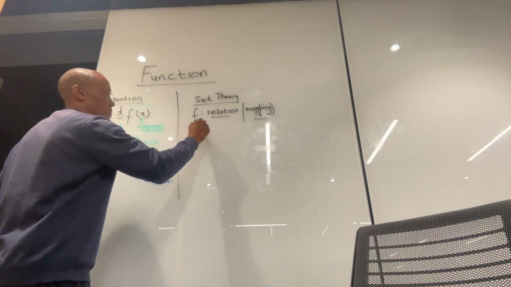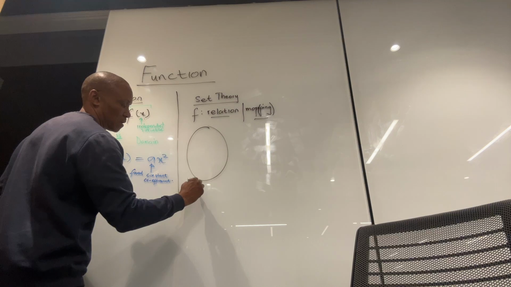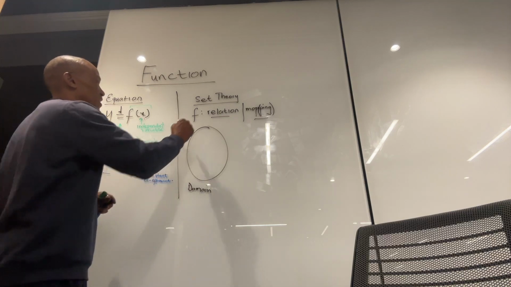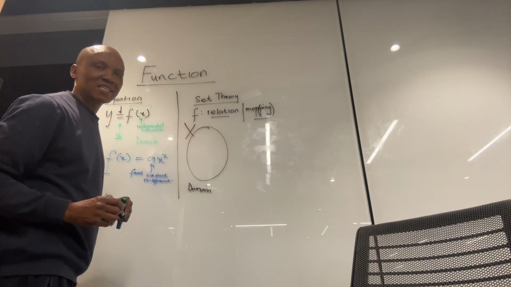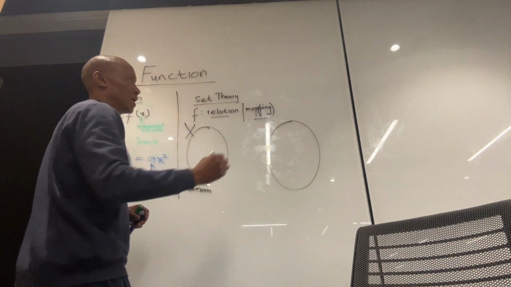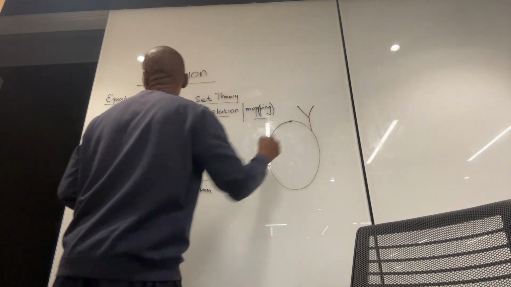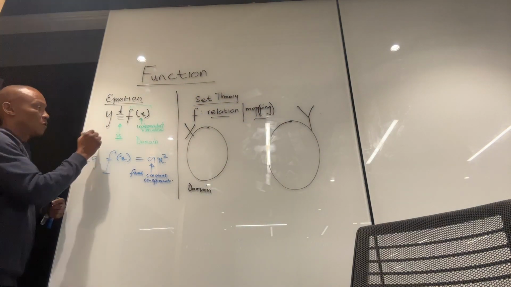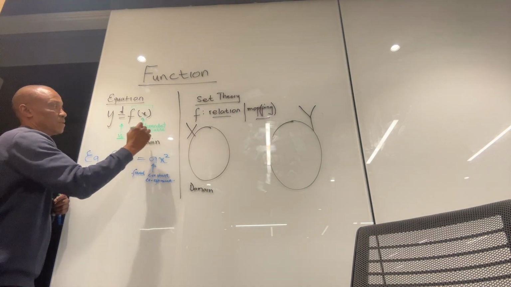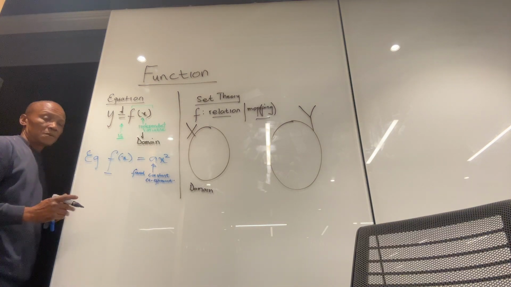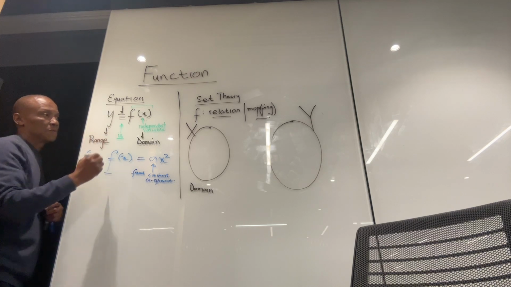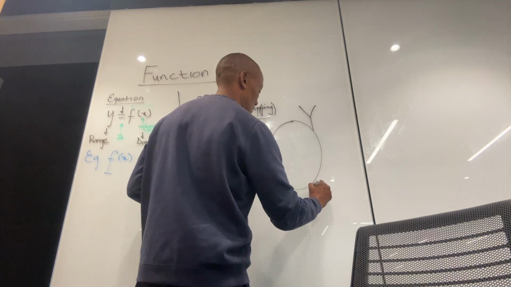Now in set theory, your domain, that's where your independent variables are, is usually expressed in capital letter X. I forgot to tell you the name: this is the domain for X. Here, it is the range.